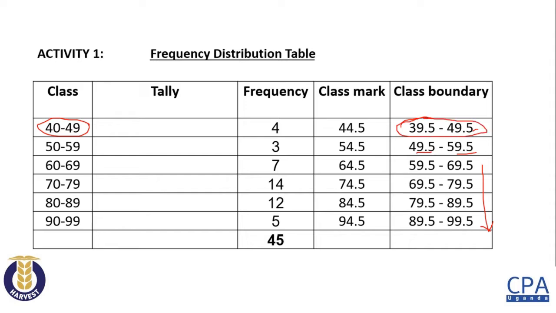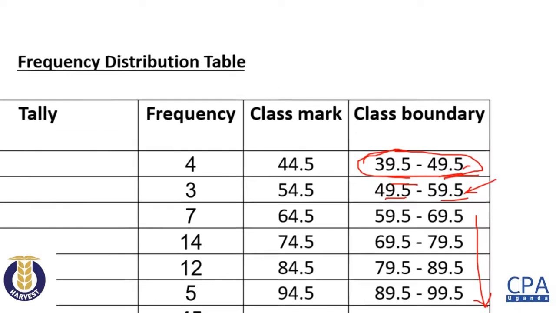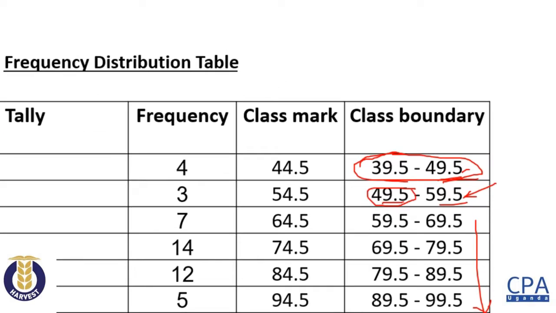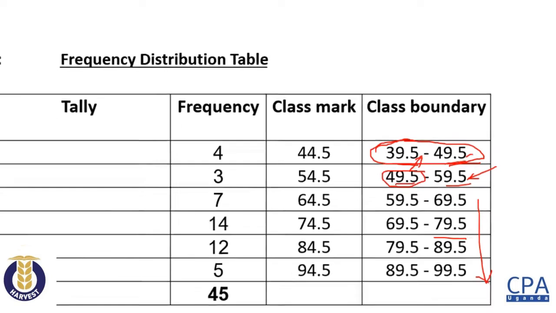So the class 40 to 49 should include only those marks which are greater than 39.5 and less than 49.5. Anything that is greater than 49.5 should go to the next class. Anything that is less than 39.5 should go to the previous class. So that is the interpretation.